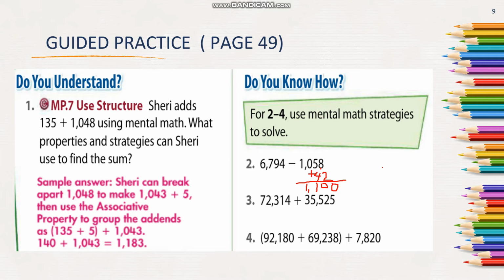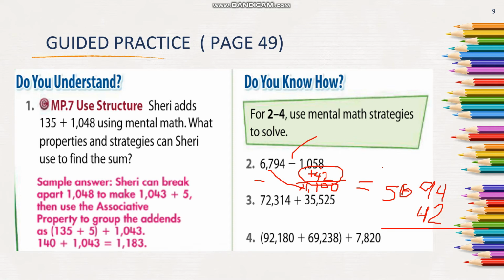the number. So, 6,794 minus 1,100. So, if we're going to subtract these two, the answer is equivalent to 5,694. So, from this 5,694, I'm going to add 42. Why did I add 42? Because I told you in the compensation method, if the given is subtraction, if you add 42 to the given number, or if you add any number to the given number, you need to add also at the end to find the final difference.